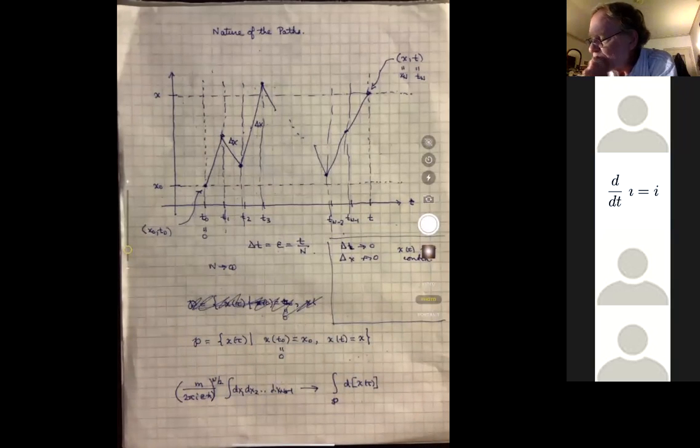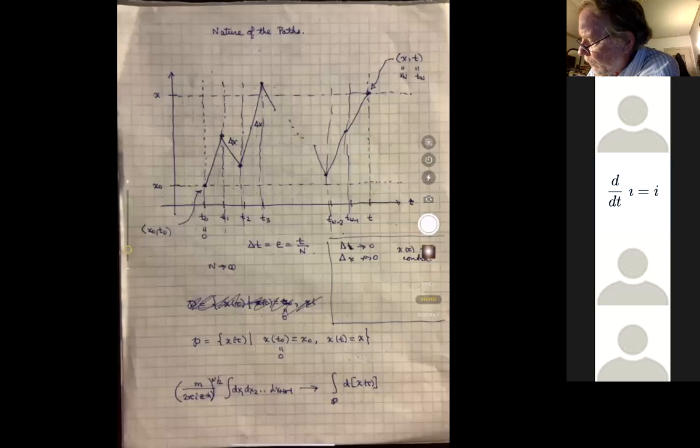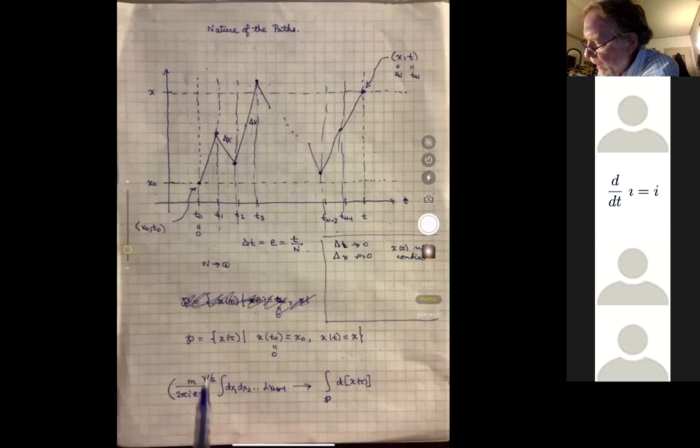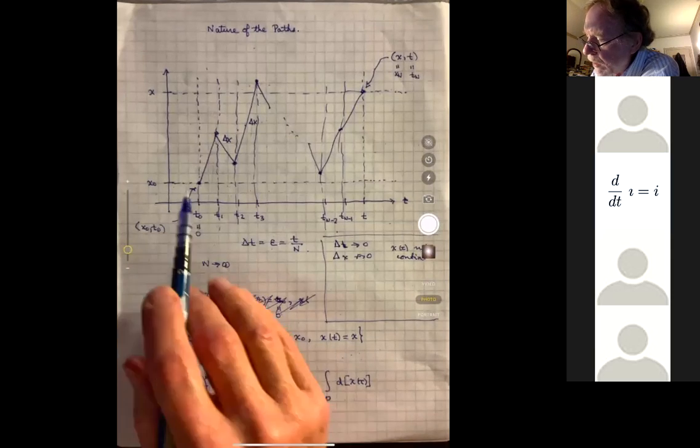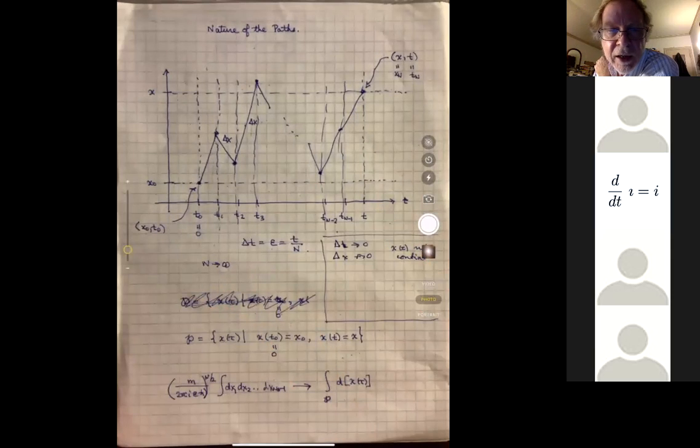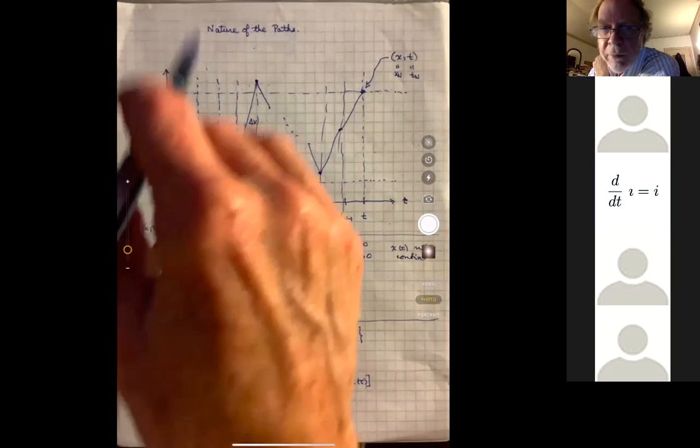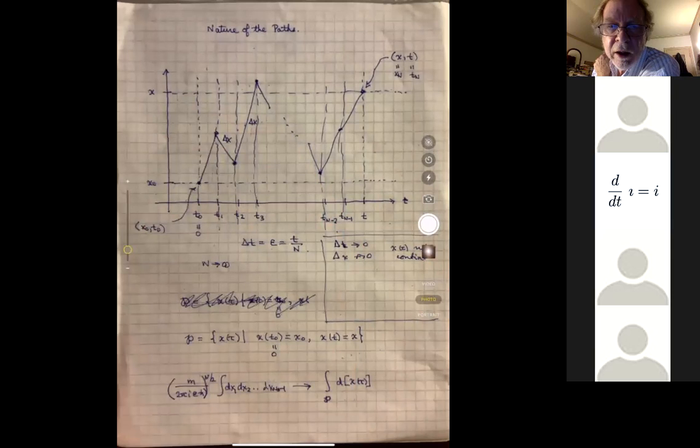So if that's the case, then the nature of paths that enter into this path space, which I've written down here, consists of paths with fixed endpoints, but in between the paths are not even continuous. They're really crazy things. They can jump an infinite or arbitrarily large distance in an arbitrarily small time.